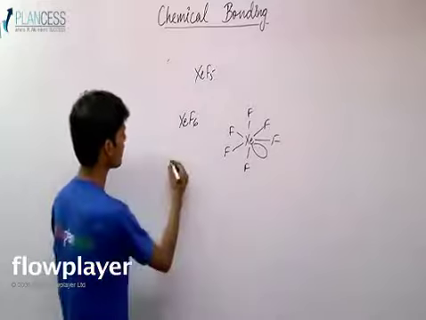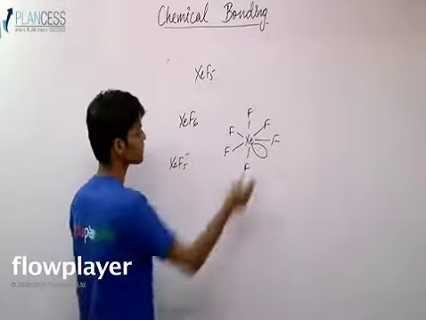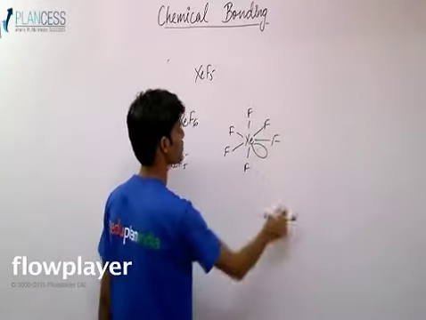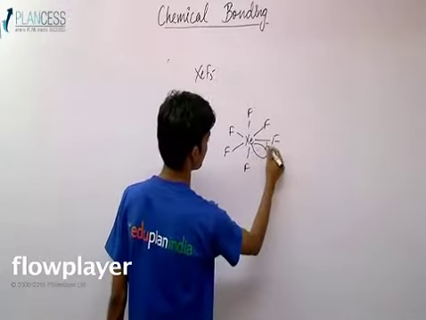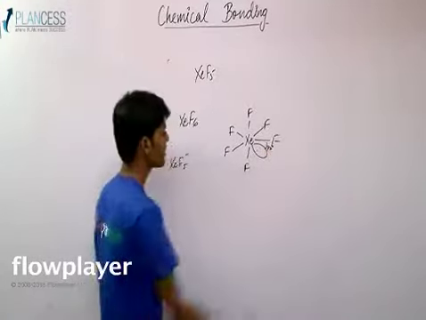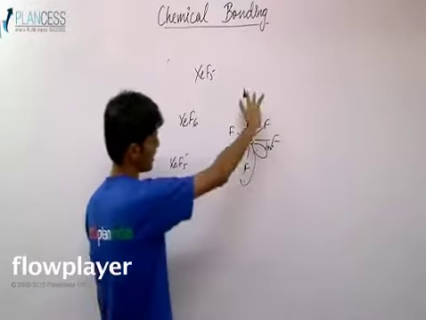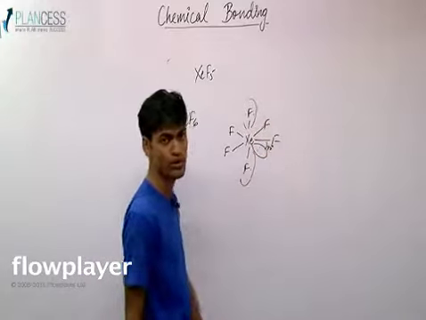But now when we are talking about the XeF5 minus, we have to consider the second lone pair. It cannot come at the equatorial position, because the lone pair repulsion would be more, as their angle would only be 72 degrees. If I place both lone pairs at the axial positions, the angle increases and the lone pair repulsion will be minimum.